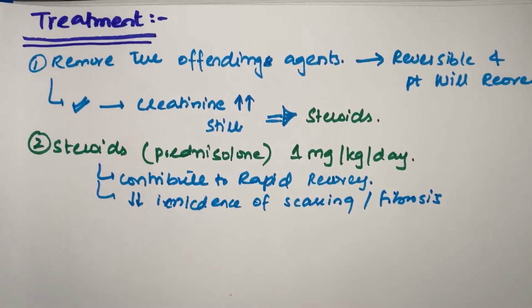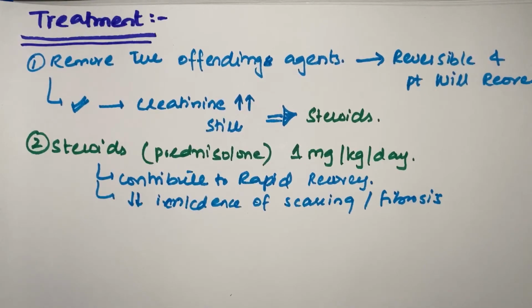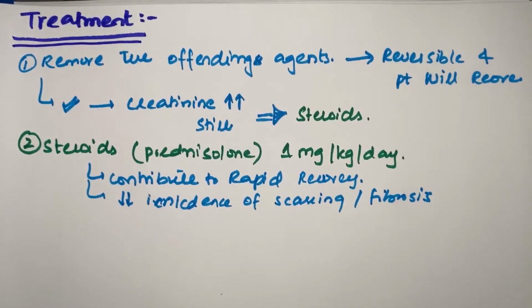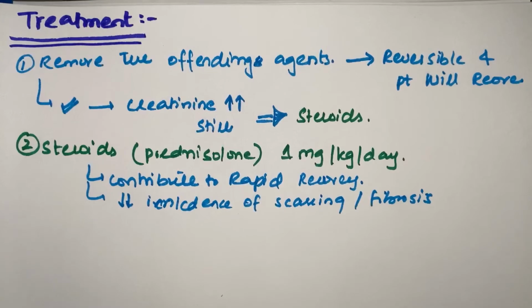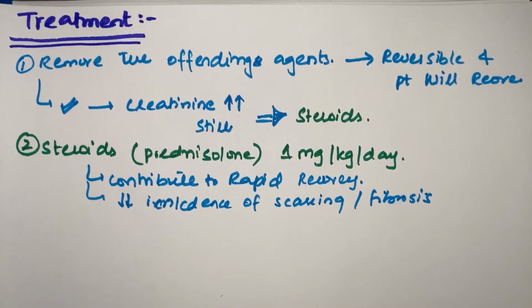By reducing it, the damage will not convert into chronic interstitial nephritis or into irreversible damage. It won't convert into that. So we use steroids, and mostly the disease responds to steroids if it's not responding to removal of the offending agent.